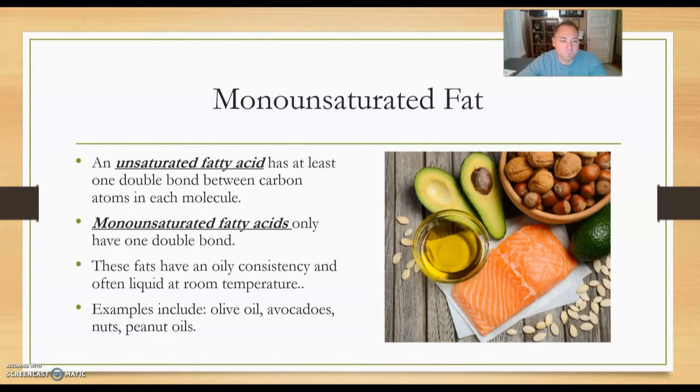Now what does that do? That makes these fats not solid, and they'll have an oily consistency and will often be liquid at room temperature. Examples include olive oil, avocados, the oily texture on them, nuts, and peanut oils. These are what would be considered good fat. And please note the examples I gave you, these occur naturally in the world, grown.